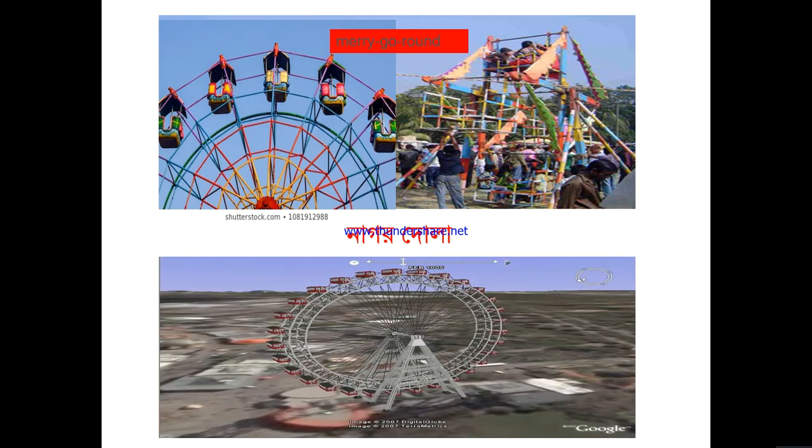What are we seeing? Merry-go-round. That means a cycle, and its name in Bangla is Nagardola. So it is a cycle and it has two wheels.